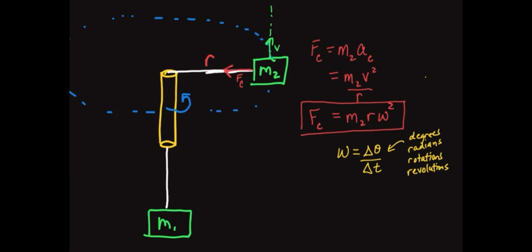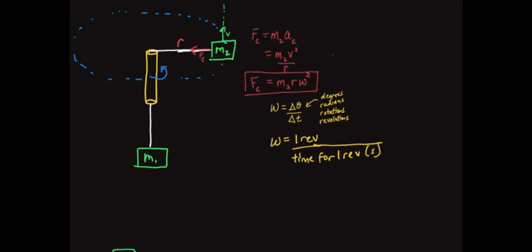So angular speed is change in angle over change in time. And remember, we can measure angles in units of degrees, radians, rotations, or revolutions. So if I take one revolution and measure the time that it takes to go through one revolution, that would give me the angular speed in revolutions per second.